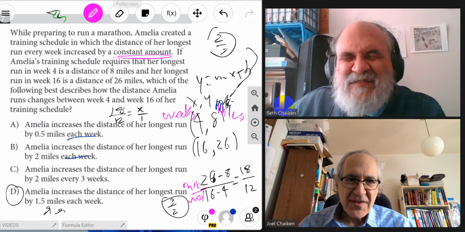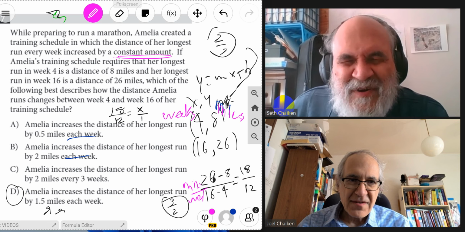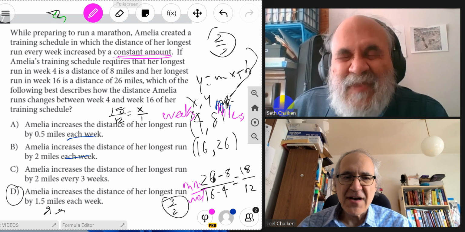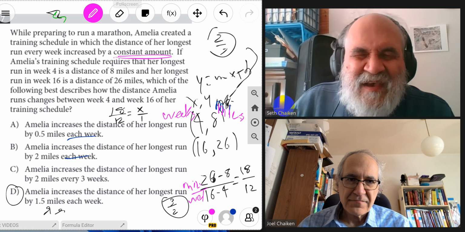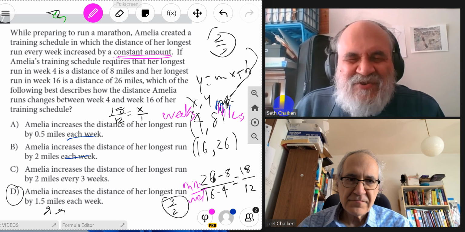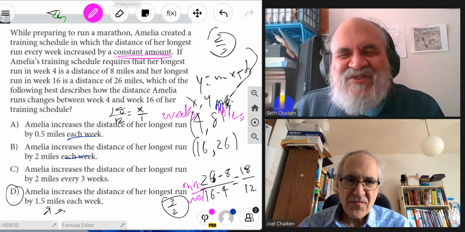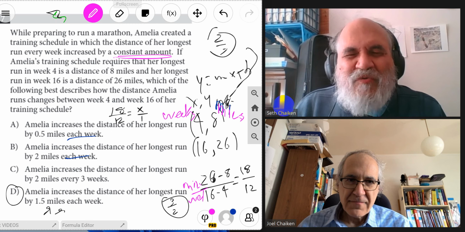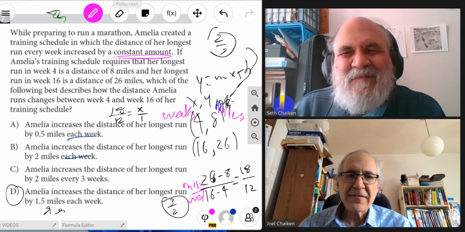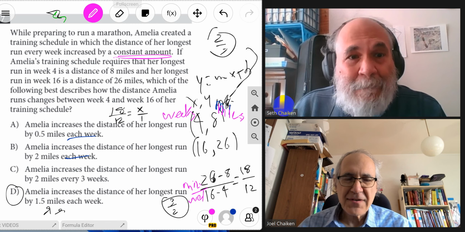Change by a constant amount in a given period of time. To understand a rate of change, you need to know how much the change is, together with the period of time over which that change happens. That's right.